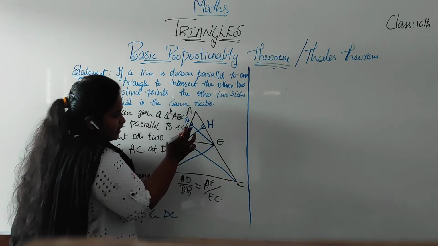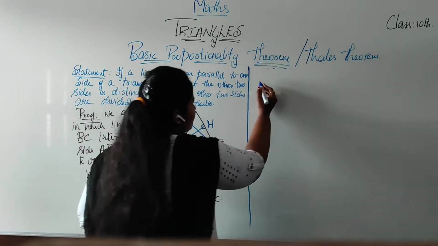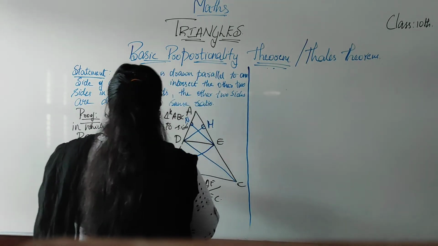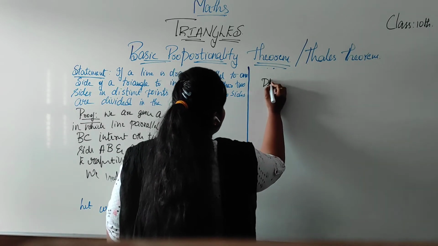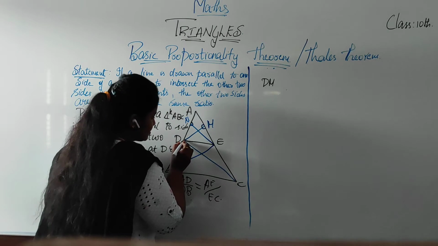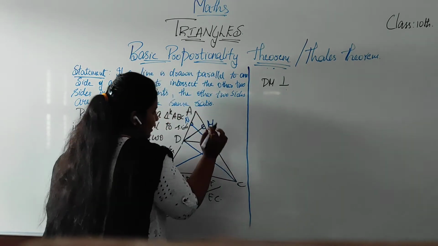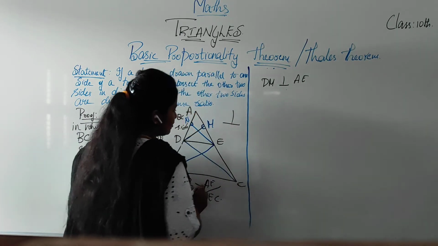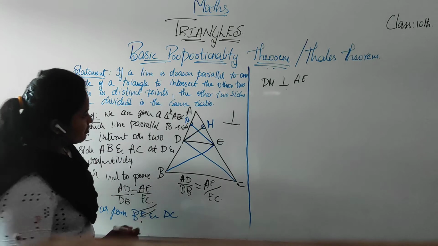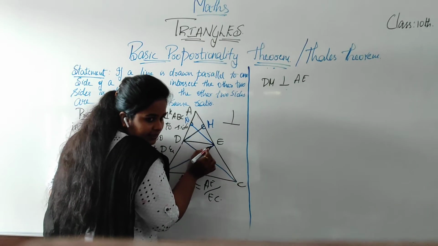So this line DM is perpendicular to AB. Perpendicular means this line is perpendicular to AD.